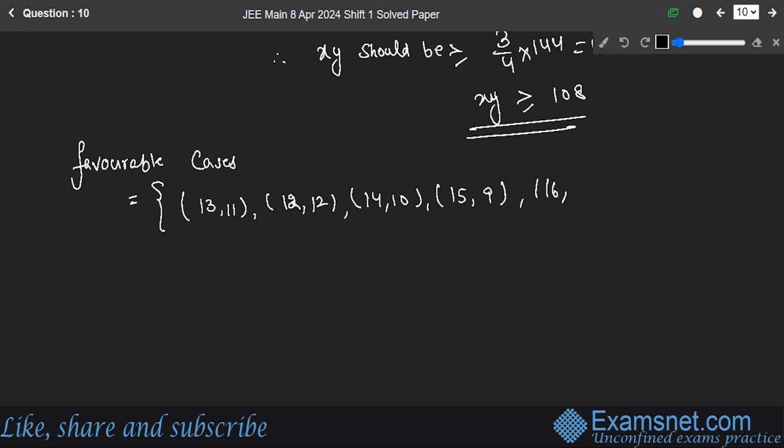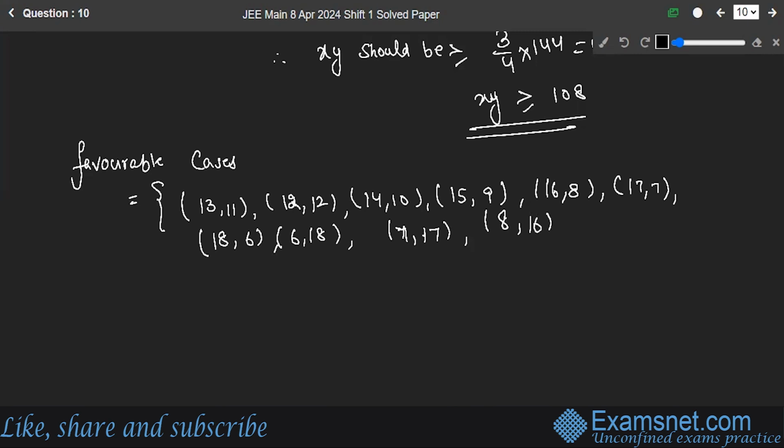This is 16, 8, 17, 7, 18, 6, and 6, 18, 7, 17. This 9, 15, and 10, 14, 11, 13. Right. How many are these? 1, 2, 3, 4, 5, 6, 7, 8, 9, 10, 11, 12, 13 cases.